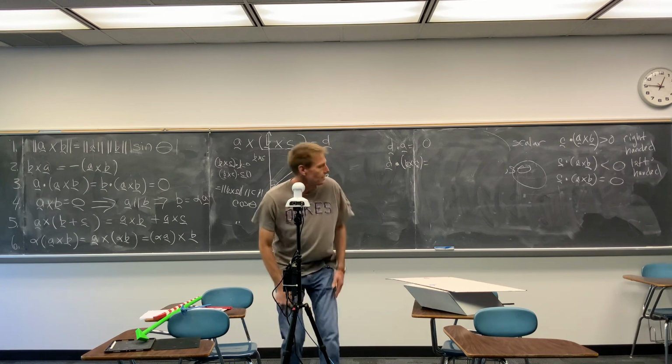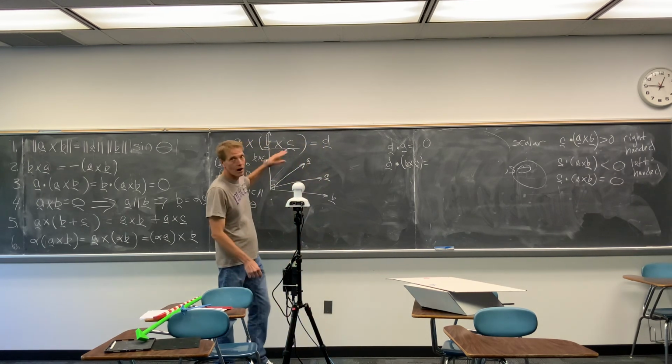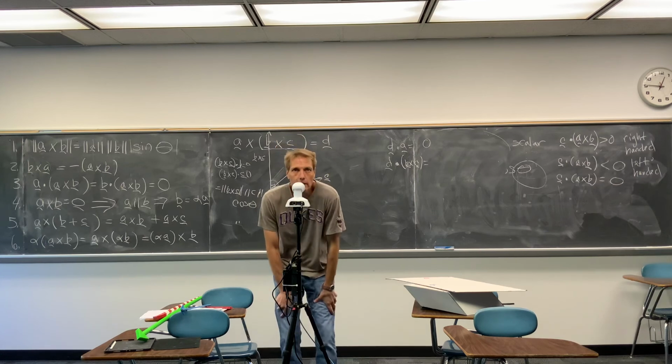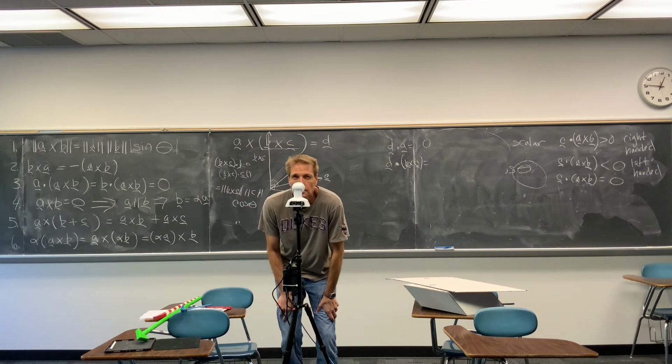The geometry of A cross B cross C. Okay, you can leave if you can answer this. If you have three vectors, A, B, and C, what does C dot A cross B represent geometrically?